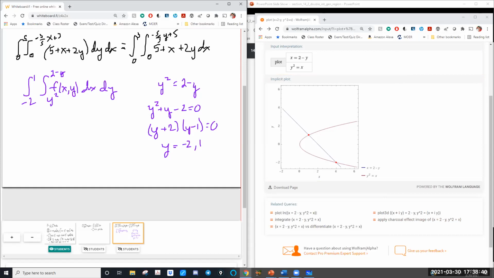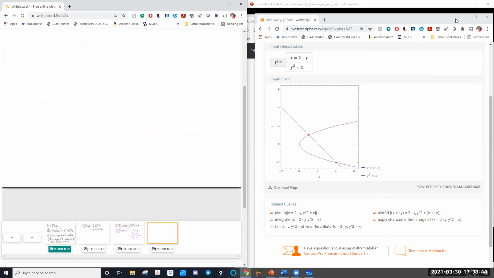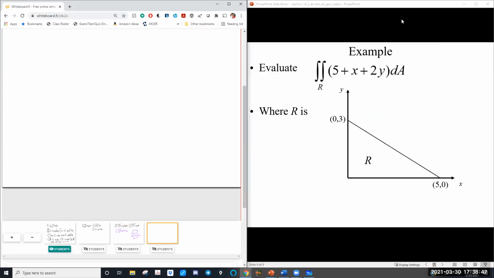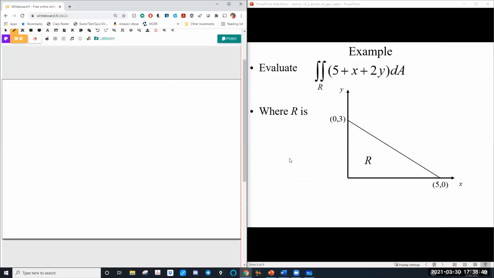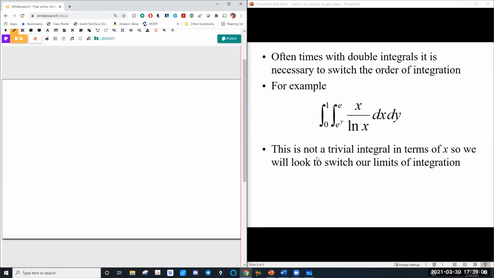All right, one last thing I want to look at. It goes along with this order idea, and this can be interesting. Sometimes we switch the limits of integration in order to calculate an integral. For example, this integral here. This is not a trivial integral to do in terms of x.